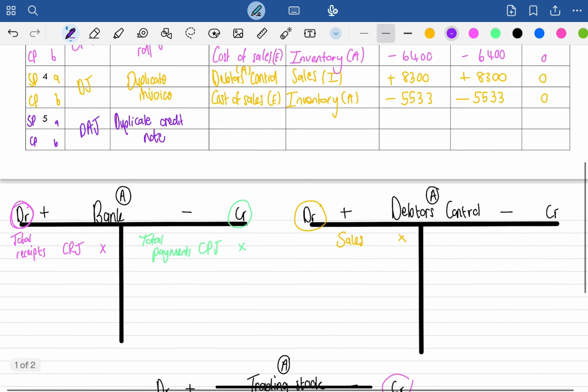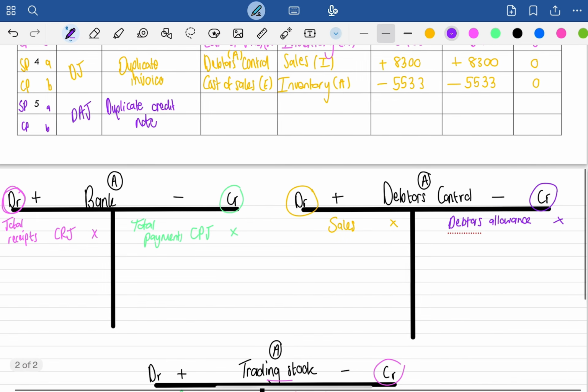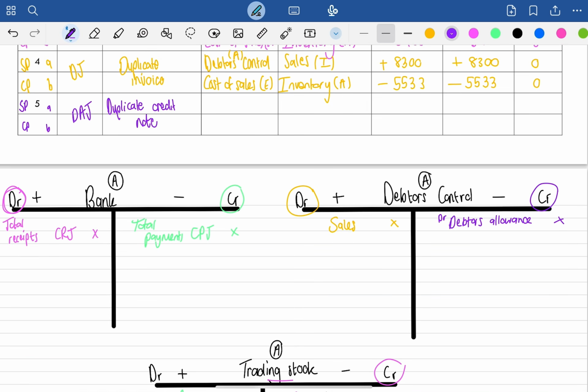Right, so then we go ahead and we say, well, when we sold to the debtor, they owed more. So if they return, they owe less. And the column we use in the DAJ for the selling price is called the debtor's allowance column. So what will happen is debtor's control will be credited and debtor's allowance will be debited.